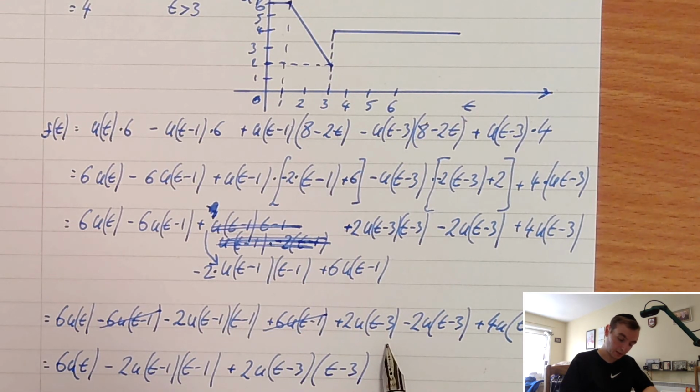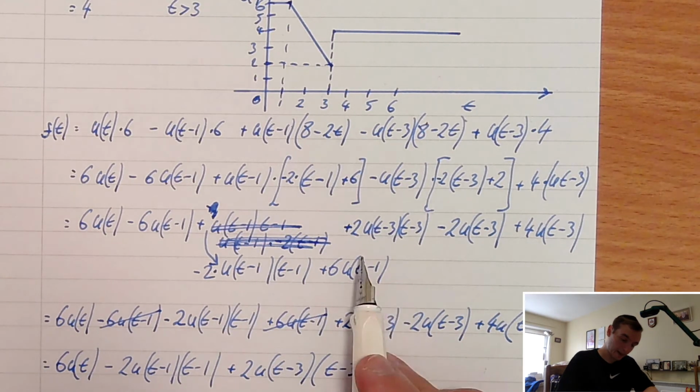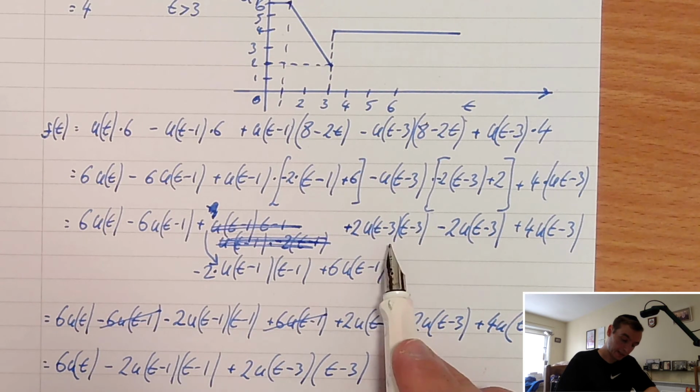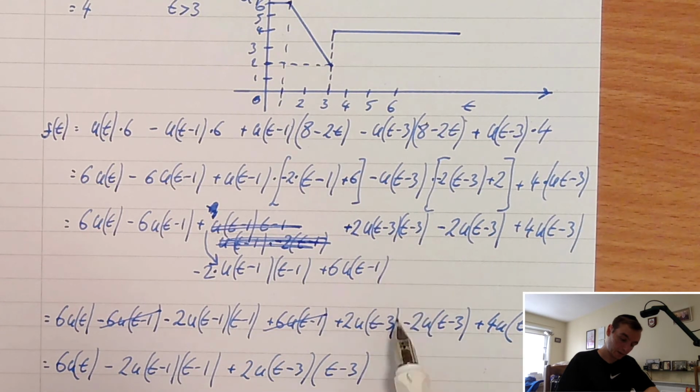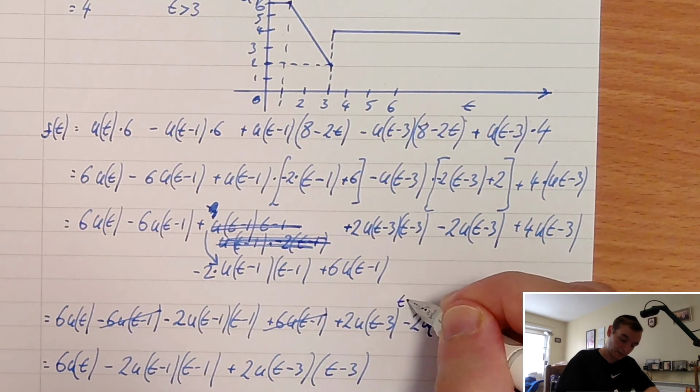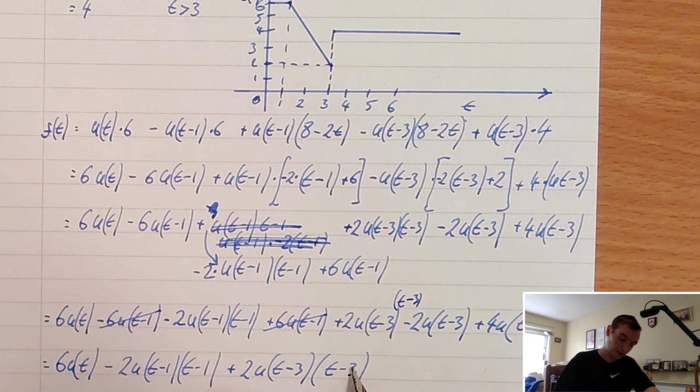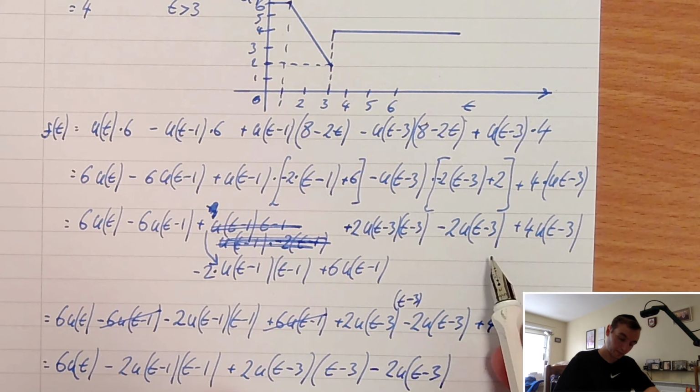Oh, one minute. Have I done that right? That should be another t minus 3 over here, plus 2u(t minus 3) times (t minus 3), minus 2u(t minus 3) plus 4u(t minus 3).